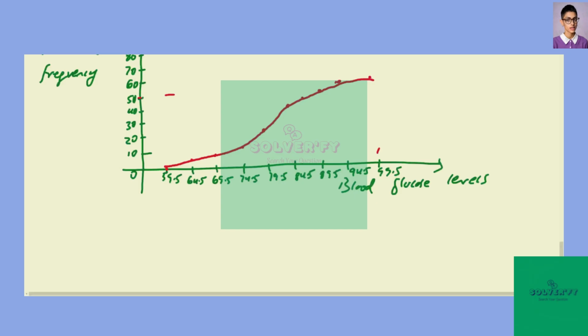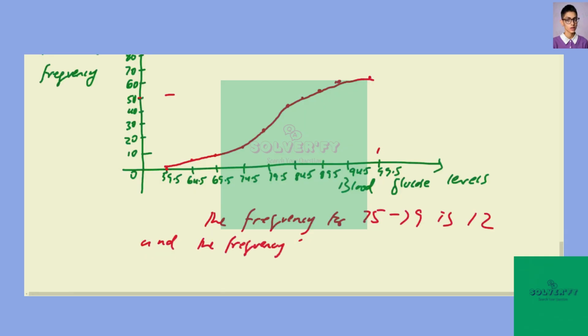And then we're going to say the frequency for 75 to 79 is 12. And the frequency for 80 to 84 is 18.